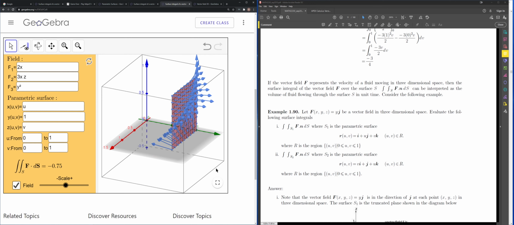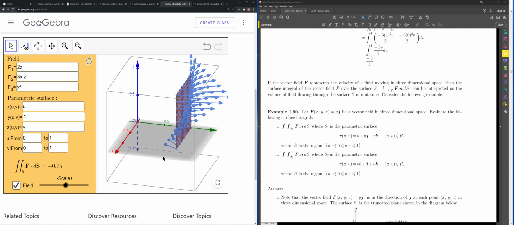Okay, so let's look at some examples that show the interpretation of surface integral. I have it written down over in the notes. If I have a vector field, and the vector field represents velocity of fluid moving in three-dimensional space.